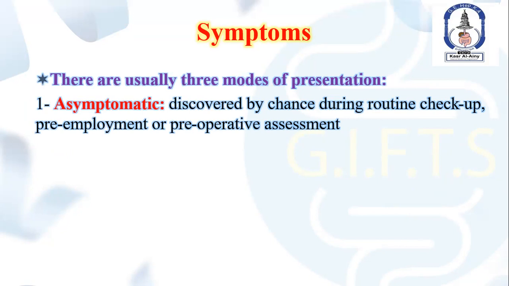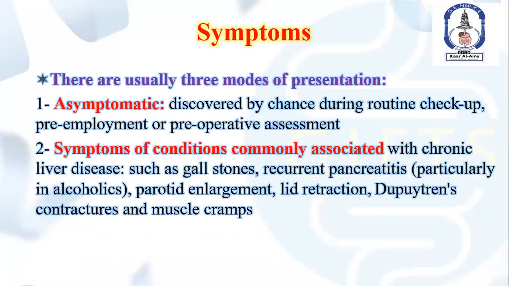You find that there is some affection of the liver functions, and you start to investigate, and you find that the patient is already cirrhotic and had no symptoms at all during all the years that preceded the time of diagnosis. The second is a symptom of a condition that is commonly associated with chronic liver disease. I mean, it's not the chronic liver disease itself, but something that's very commonly associated, like gallstones.